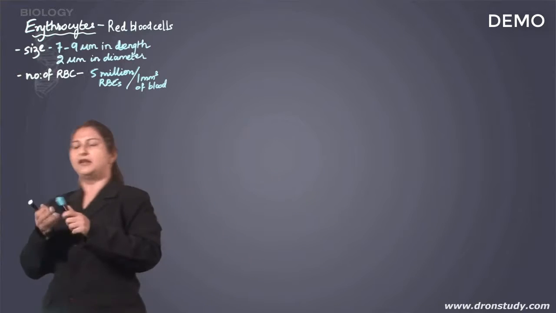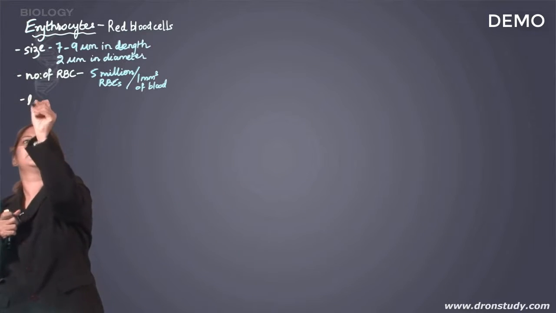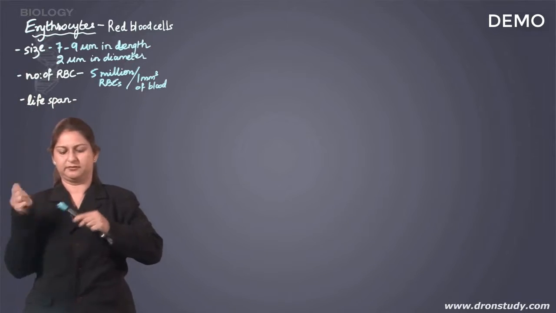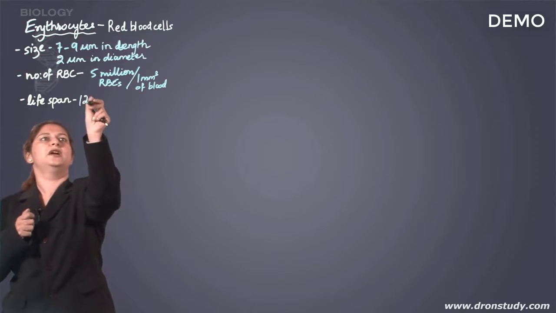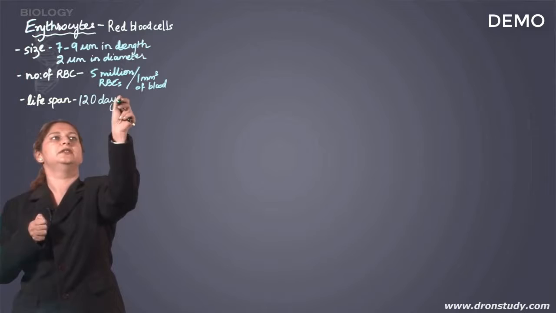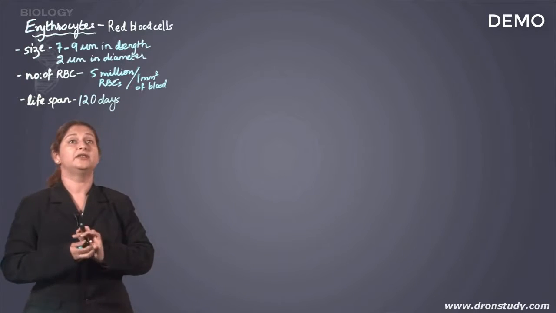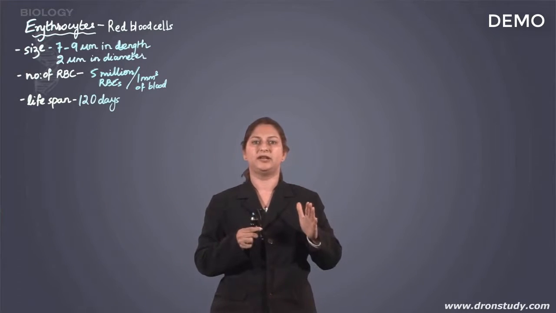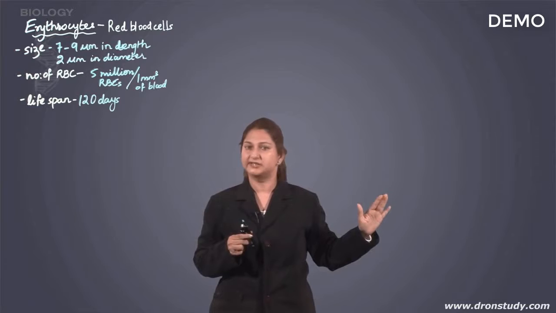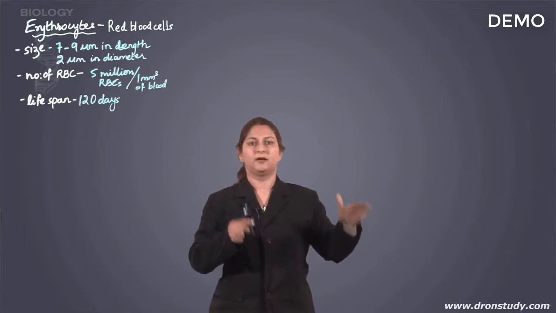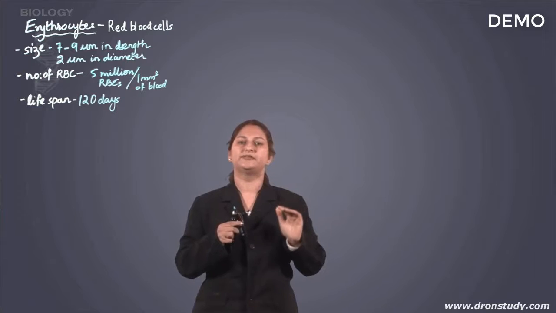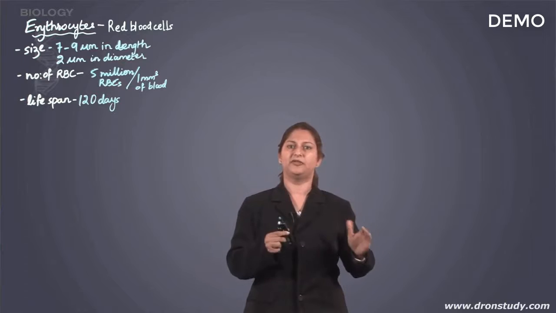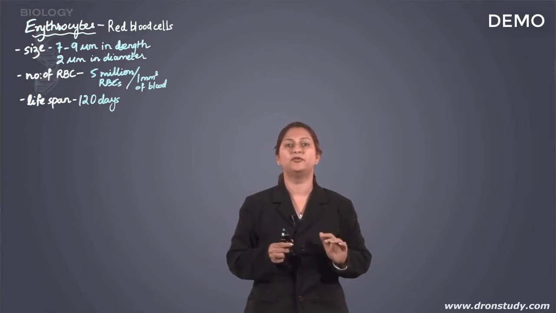Now, the lifespan of RBC, what is the average lifespan of RBC? It is about 120 days. Now, when I say 120 days, it is not that after 120 days all the RBCs are dead. Does it happen that way? No. We say the average lifespan of human beings is about, say, 80 years of age. Does that mean after every 80 years the earth is devoid of human beings?